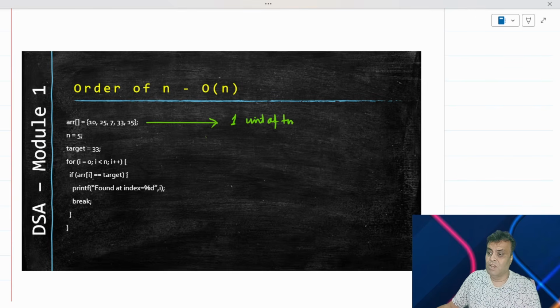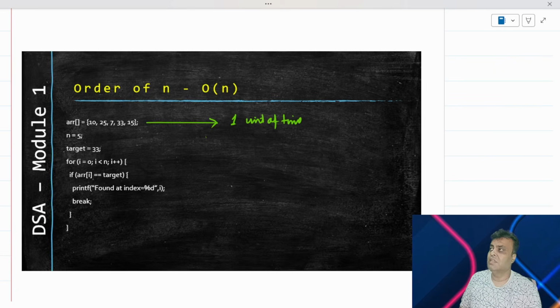This program will run this particular line always with whatever 5 elements, 6 elements, whatever is there in this, right? It will always run this. So whatever amount of time is taken to define or get the memory from the compiler for these 5 contiguous elements of the array and put 10, 25, 7, 33 and 15 into that array is 1 unit of time.